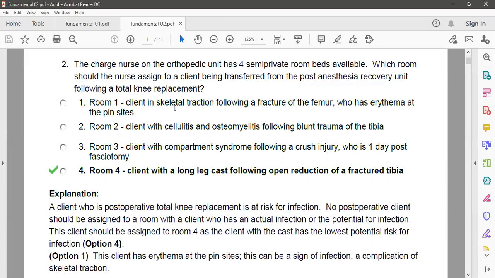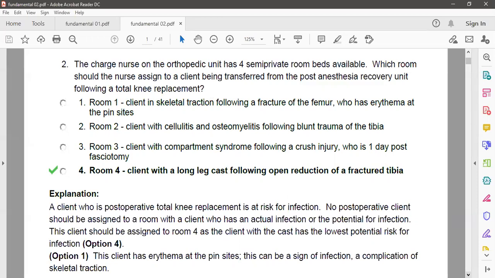Number 2, cellulitis, inflammation, and also osteomyelitis, an infection of the bones caused by bacteria or fungi. So number 1, number 2, number 3 all have a chance of infection except number 4. The long cast is already there. It is not open. There is no chance of infection. It is good to put them in the same room, or cohort them in the same room, right?